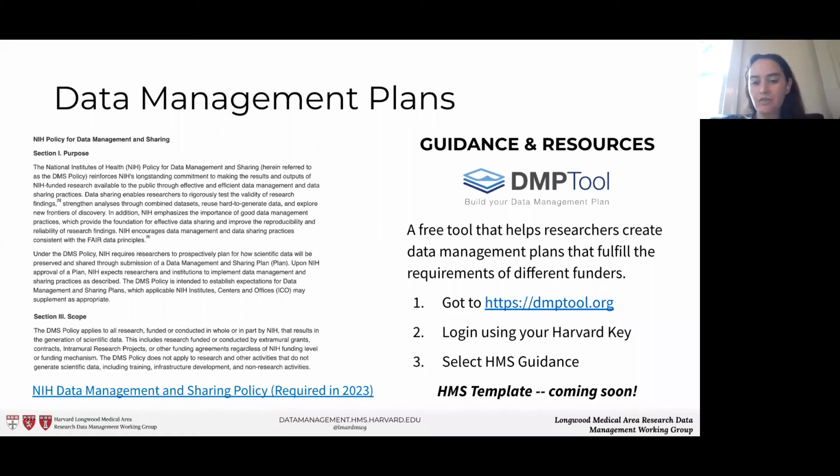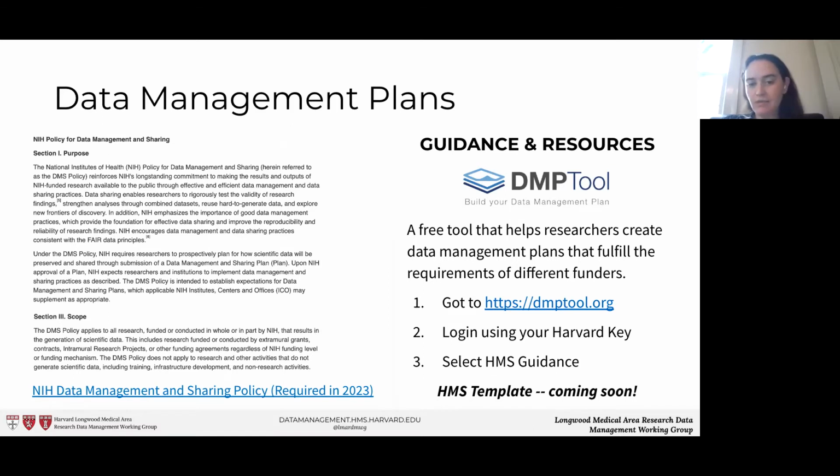How can we streamline this process, provide better templates, provide better resources? And our number one goal currently, or project currently, is adding some tailoring to a template on DMP tool. So DMP tool is a great resource generally for any type of data management and sharing plan.